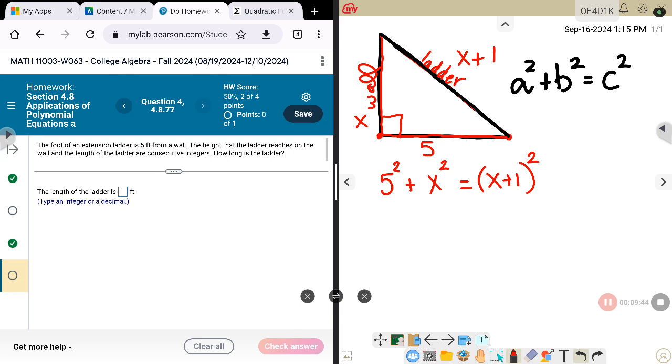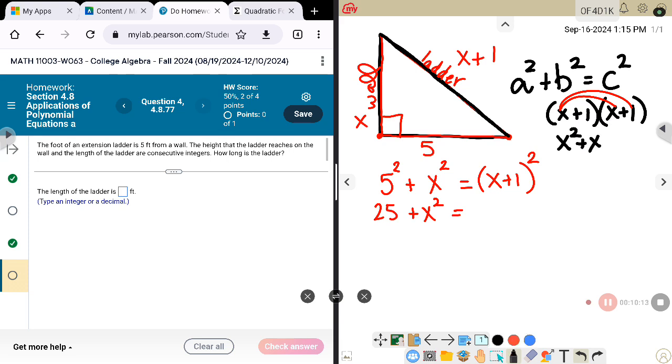So let's look at what we have here. 5 squared gives me 25, plus x squared equals, once again, x plus 1 squared, which means x plus 1 times itself. So I will FOIL. My first, x times x, gives me x squared. My outer, x times 1, gives me x.